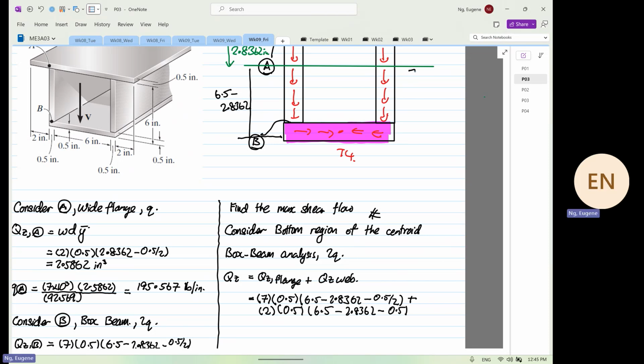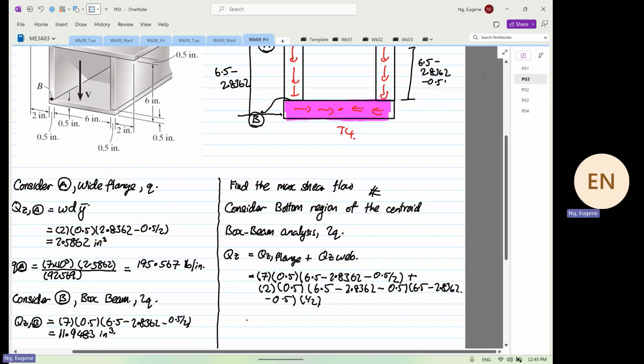So what we are talking about is this thickness. The Y bar is 6.5 minus 2.8362 minus 0.5, and the whole thing multiplied by half.